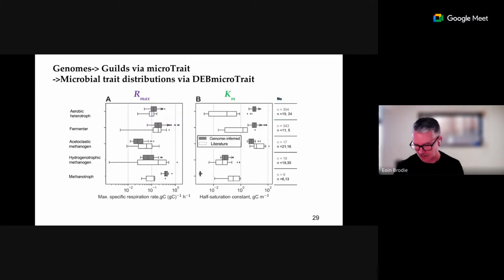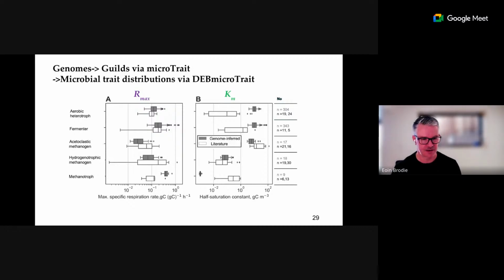And so that's a warning to say that if we're going to use these types of models, we really need better ways of obtaining these parameters. And I'll be honest and say that our ability to test the hypotheses that these traits are accurate is very difficult because our ability to grow these organisms is limited.